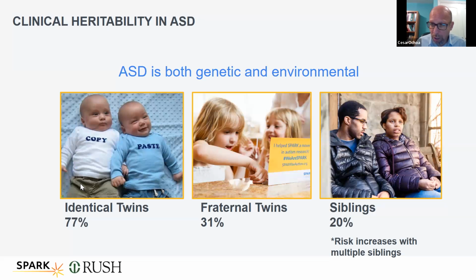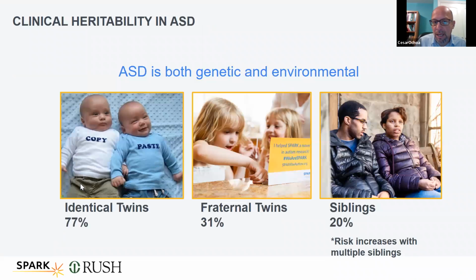So this points towards a very genetic condition, but it's not purely genetic. Otherwise, it would be a 100% concordance rate. In fraternal twins, the concordance rate is not as high, 31%, and that makes sense because they have variability in their genetic makeup. And for siblings, the concordance rate in the SPARK study has been 20%.